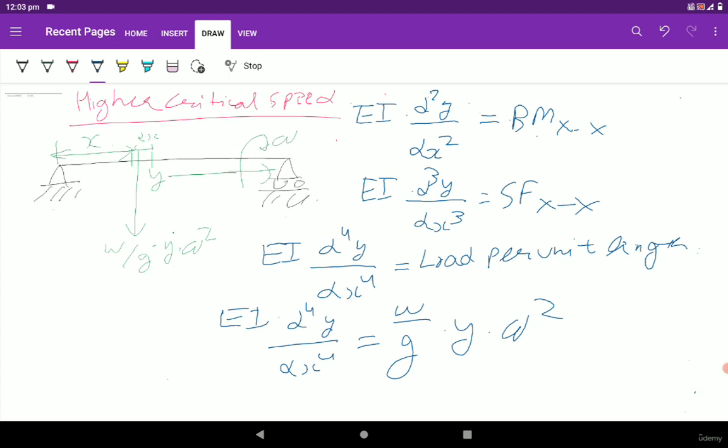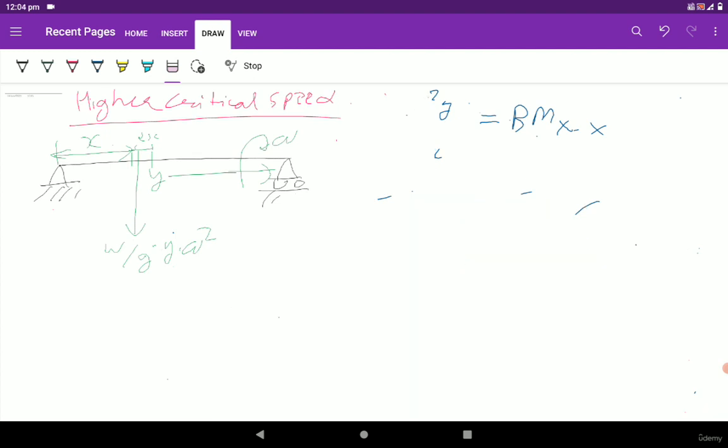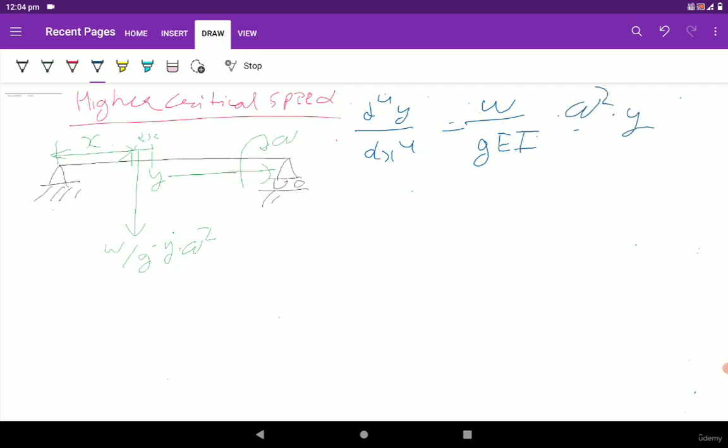Now let me erase this thing first. So we can write after further simplification d power 4 y dx power 4 is equal to W upon gEI dot omega square y, and moving forward we are going to write W upon gEI dot omega square equal to n power 4, and we know that d4y is equal to n4y.